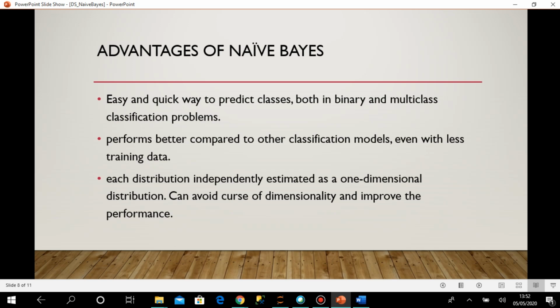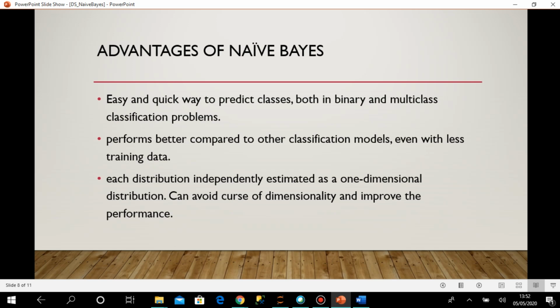Each distribution can be independently estimated as a one-dimensional distribution. It can avoid the curse of dimensionality and improve the performance. Here, all the features are given, but we handle one feature at a time, because I am considering an independent feature set, and when calculating the probabilities we take one feature at a time.